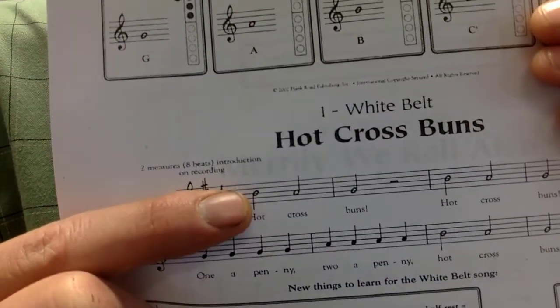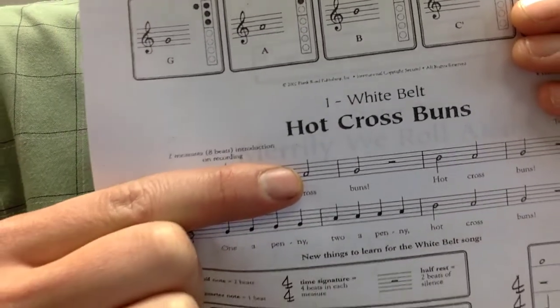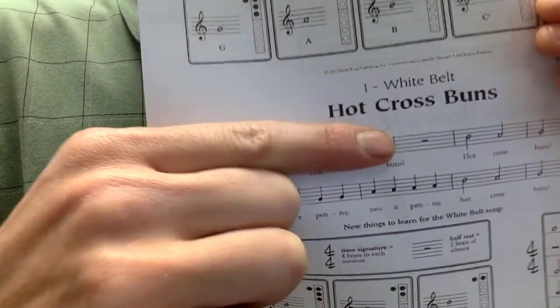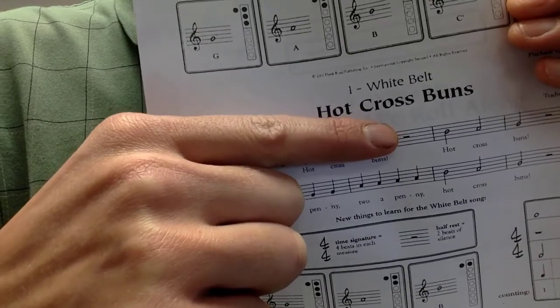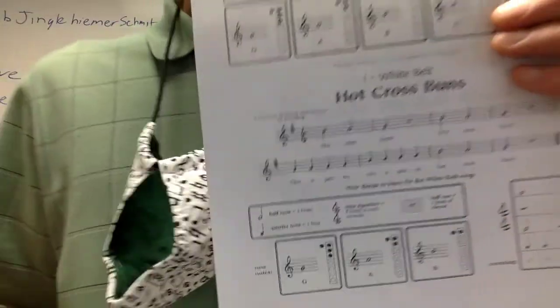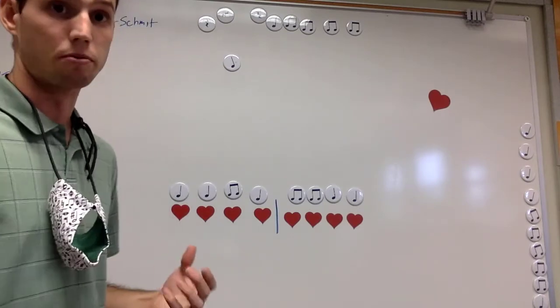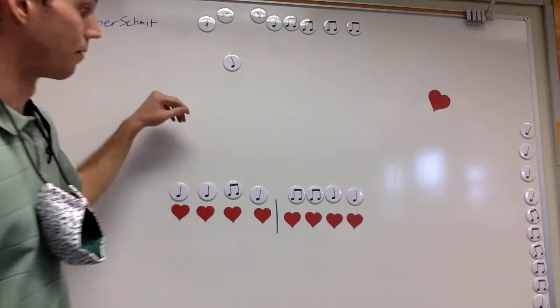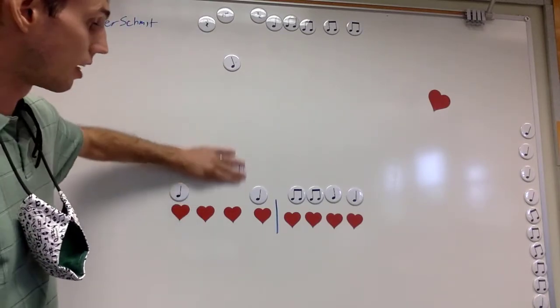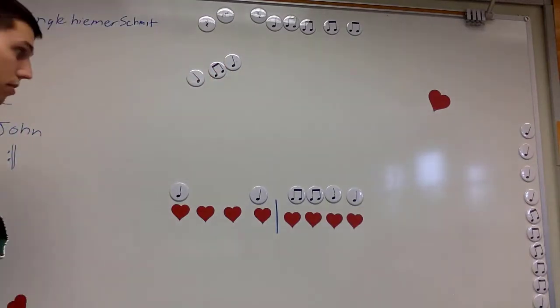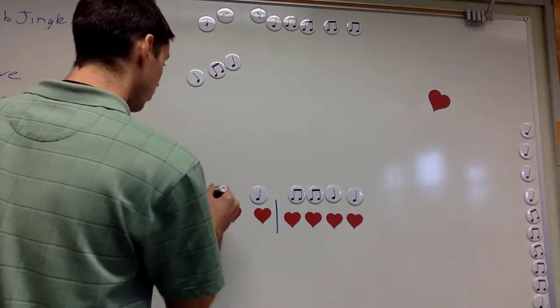So 2 beats right there, 2 beats right there, 2 plus 2 is 4, bar line. 2 beats of sound, 2 beats of rest, bar line. So every bar has 4 beats, either of sound or of rest, but 4 beats for all of them. The rhythms get a little bit more complicated as you go through the music.